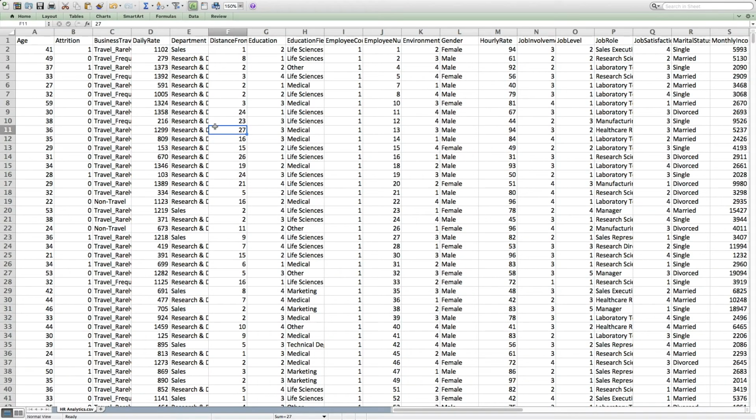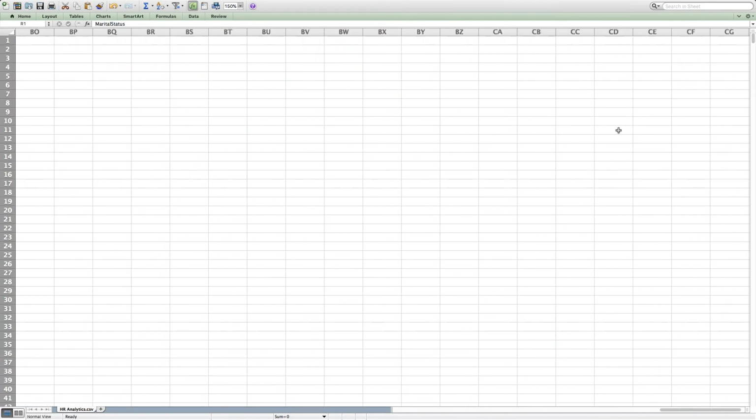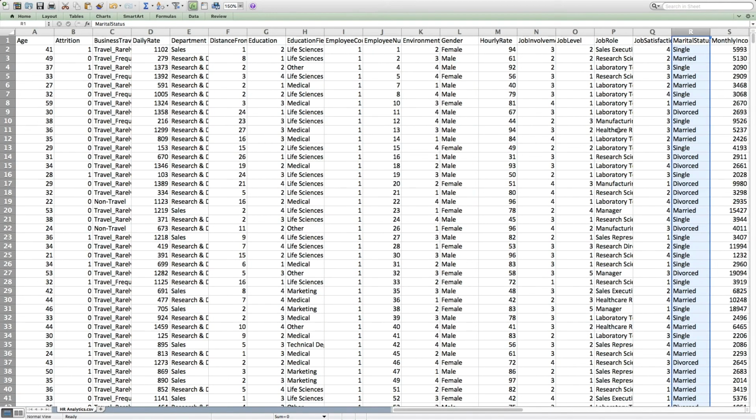Let us understand this using an interesting example. This is a sample data for HR attrition and performance analysis. This data set contains information about many employees like their department, their age, education background, education field, gender, their hourly rate and their job involvement, job satisfaction, marital status, etc. We can see that we have multiple categorical and numerical columns in this data, and it has a very useful column called attrition, which tells whether the employee is currently staying in the company or not.